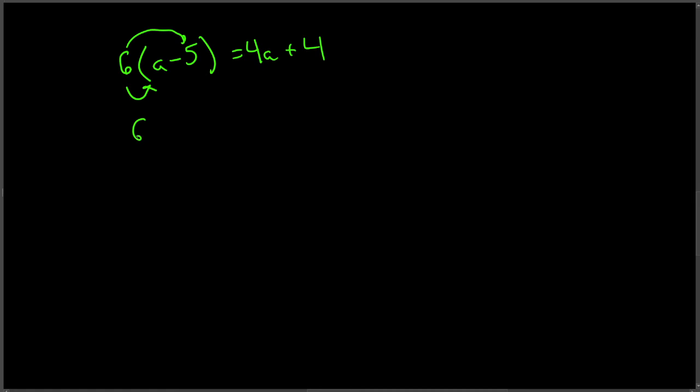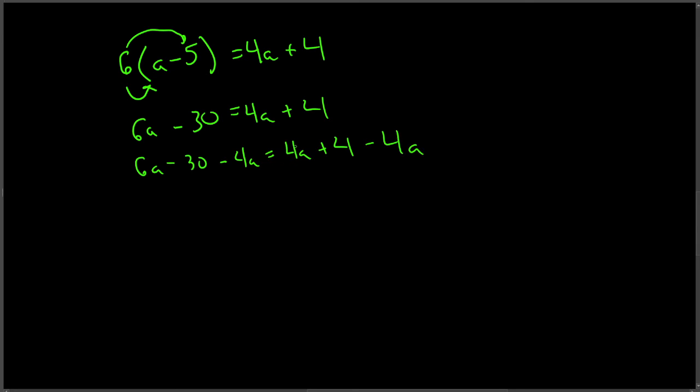So I get 6a minus 30 equals 4a plus 4. I'm going to bring this over, so I'm going to subtract 4a from both sides. And I'm doing that because that will make these cancel out, and that leaves me with just a 4 on the right-hand side.